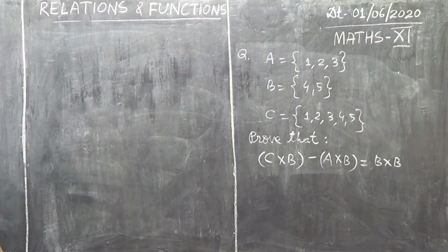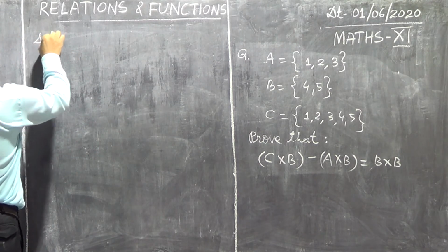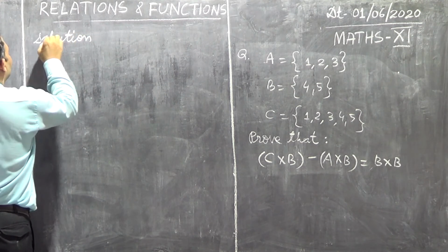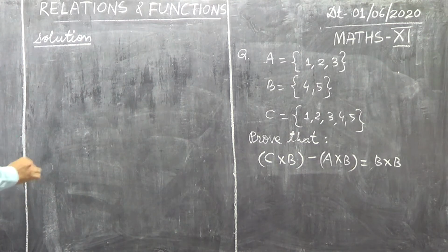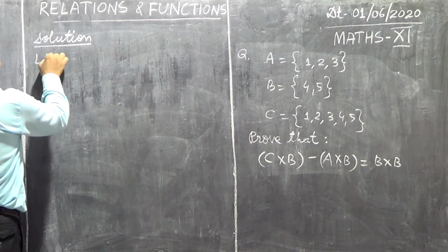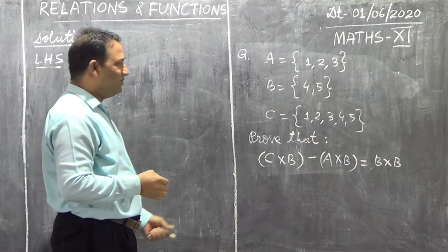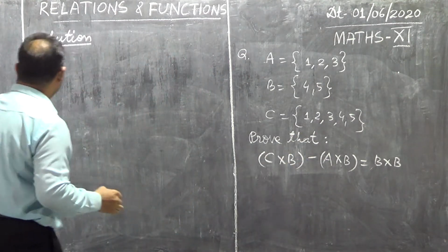We can prove it very easily. So we will find the left hand side first. In the left hand side also, we will not find it in one step. First C cross B, then A cross B we will find separately.